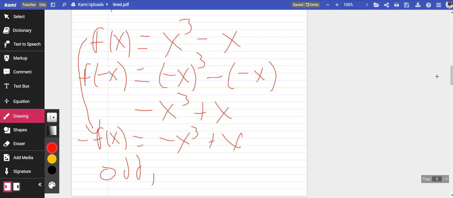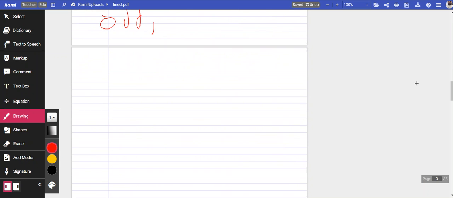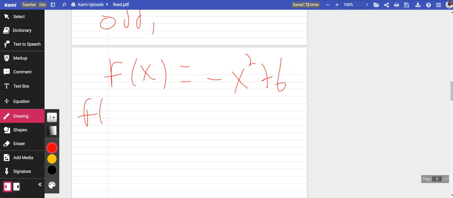Maybe you didn't quite get that too well. Let's look at a different function. How about f of x equals negative x squared plus 6? Do the same thing. If I replace the x with a negative x, let's see what happens. I get negative, negative x squared plus 6.